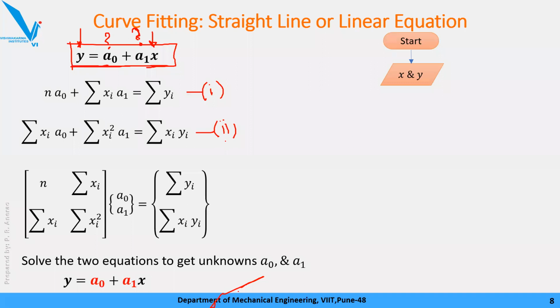Now in these two equations, if I come up with all the coefficients of a0 and a1 along with the constants from the right hand side, I will be able to calculate a0 and a1 by solving these two equations simultaneously.